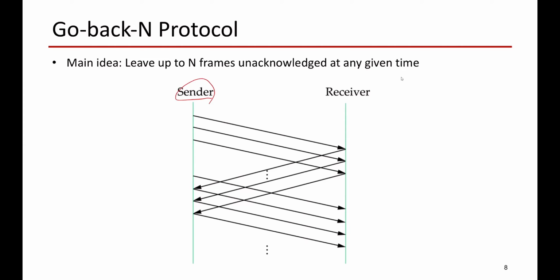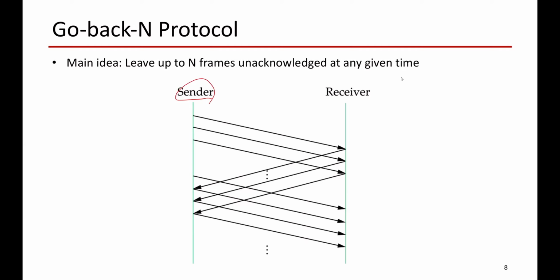I only need periodic feedback when something goes well. If not, I don't need your feedback. Then I can save the listening time, meaning I can keep unacknowledged frames outstanding long enough. Okay, that is the go-back-N protocol.